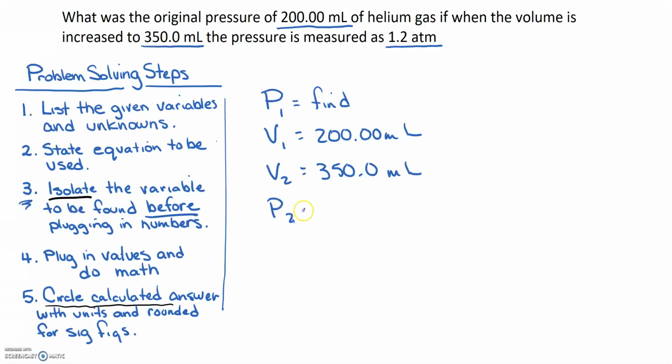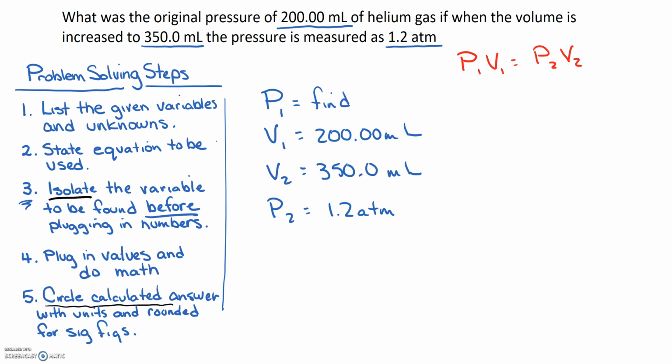And pressure number 2 measured at 1.2 atmospheres. Again, this allows us to use Boyle's law that says the product of one pressure and volume arrangement is equivalent to any other product of pressure and volume, provided our units stay the same.